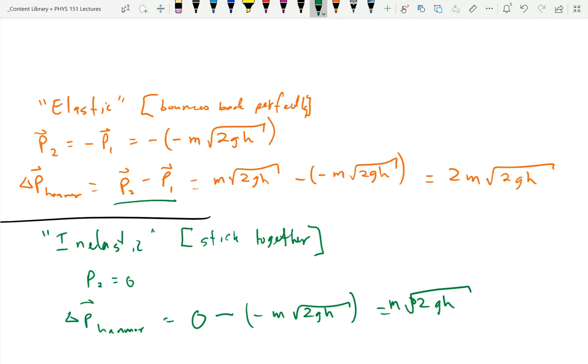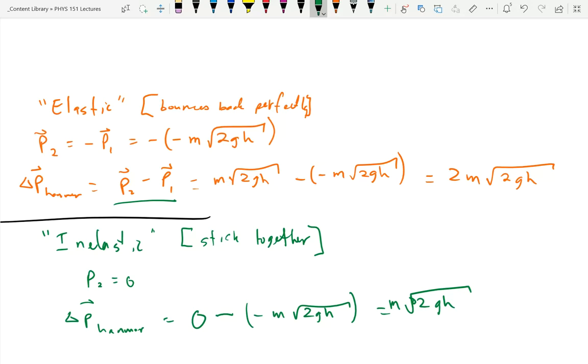That's writing out all of the math to go along with the words I said. Except for one thing. We have a collision here, and if the net external force on the participants in the collision is 0, then momentum is conserved between the two participants. Even in the case of the non-bouncy ball, the collision was really short in duration.